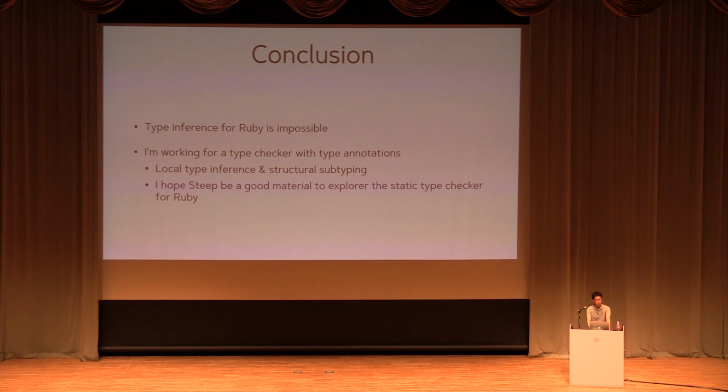Is the type signature DSL implemented by Ruby? The parser is implemented by Ruby, but it doesn't run in Ruby's context. We implemented a parser using Racc, and it parses using the LR algorithm. So maybe it's not a Ruby DSL. Thank you.